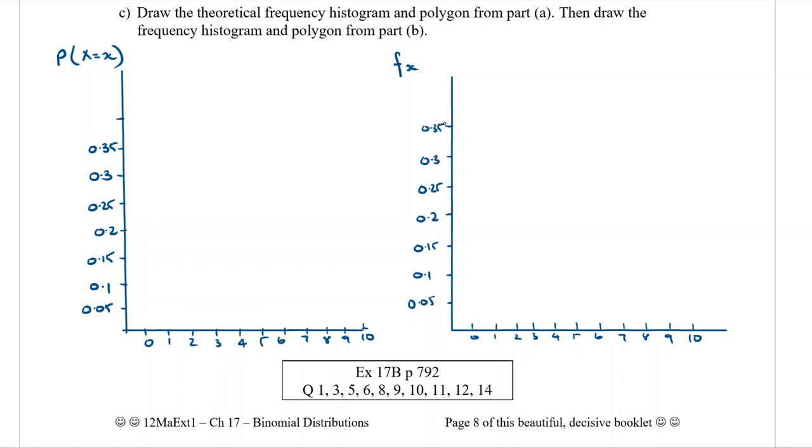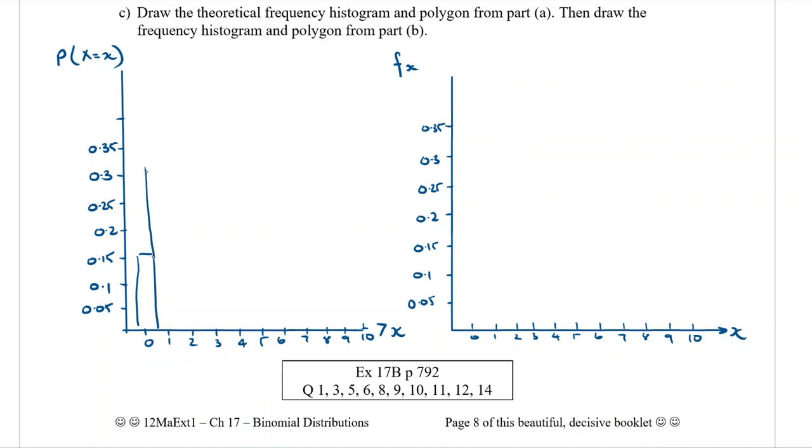All right, and then you draw up your histograms. Oh, I should label my axes. This is the X. So the first table, 0.162. It's hard to be accurate with such little graphs. About there. 1 is 0.323.